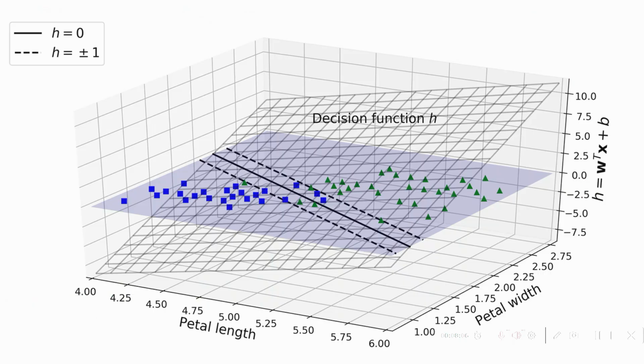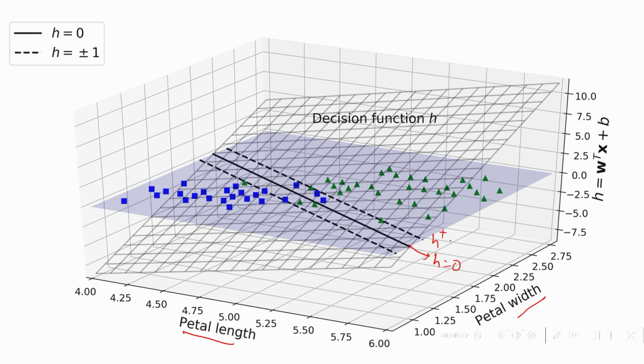Now here these are the data points. It contains petal length on one axis and petal width on the other axis. We are going to draw the plane, that is H equals W transpose X plus B, that exactly divides the data into two parts. Above this is nothing but 0, and here the dashed lines are there.